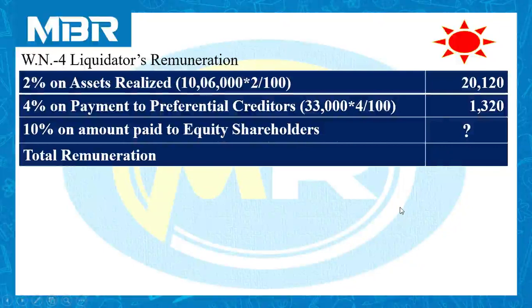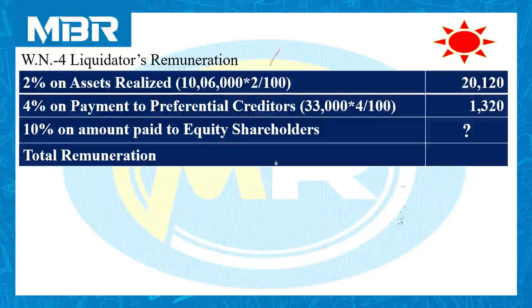Right now we are not in a condition to calculate the amount paid to the equity shareholders, because it is not necessary that we can pay the equity shareholders in full. At this point, it should be clear in your mind that equity shareholders are the real owners of the company, and they are entitled to get from the company at the end any amount remaining with the liquidator.